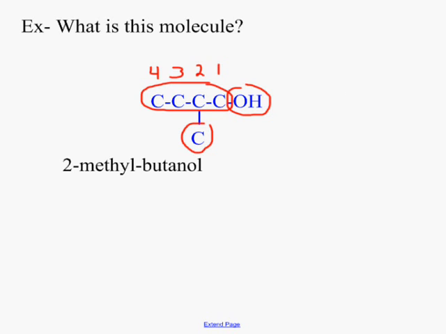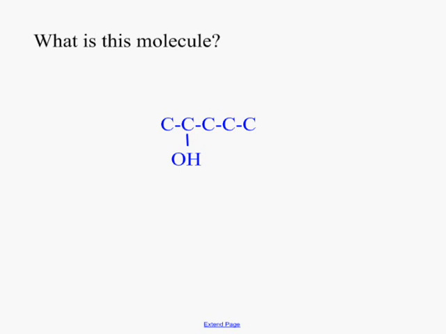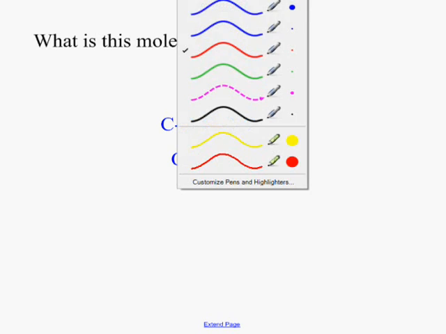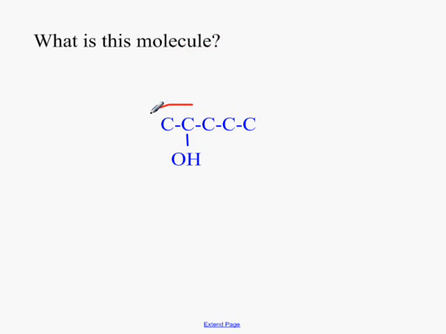Let's go ahead and try one more. Now this one is really tricky here, but follow the rules, you know. So let's go ahead and do it. So who's the longest chain there? Well, that's easy. And where's the side groups? No. Where's the functional group? There. It's 1, 2, 3, 4, 5. This is pentane, and we got an alcohol, so it's going to be pentanol, right? But what type of pentanol is it? The alcohol's not at the end, right? Now, which way would we number it? 1, 2, 3 this way? Or should we start from the left to right?